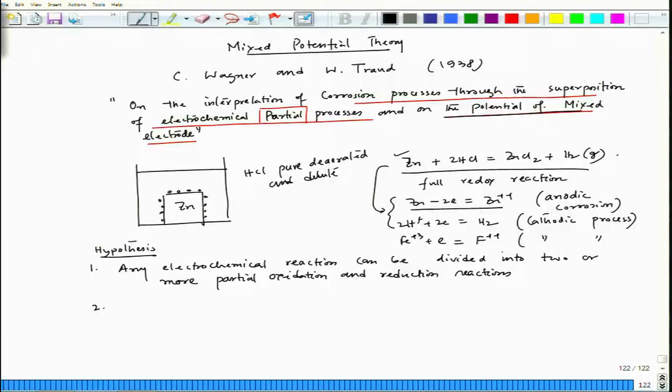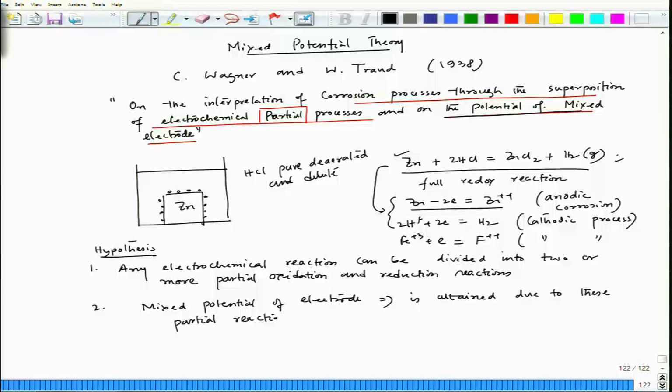In fact, the potential of mixed electrode, or the mixed potential of electrode, will be achieved due to these partial reactions, and when this mixed potential of electrode is attained due to these partial reactions, it says that there will be no accumulation of charge, or in other words, it says the law of conservation of charges.